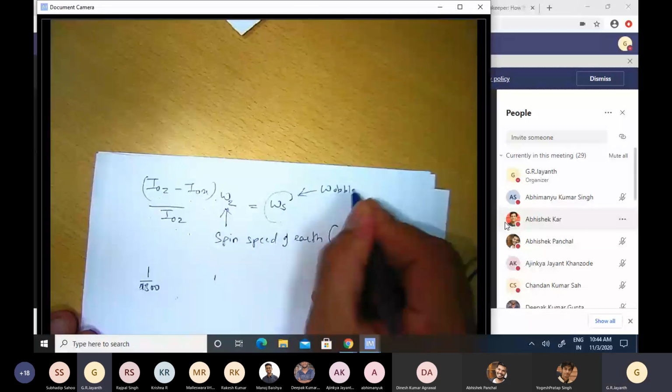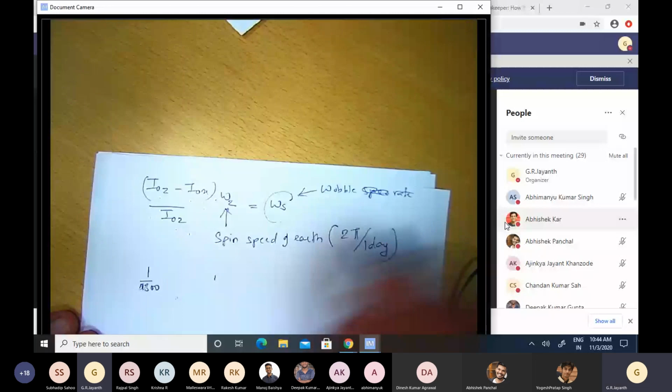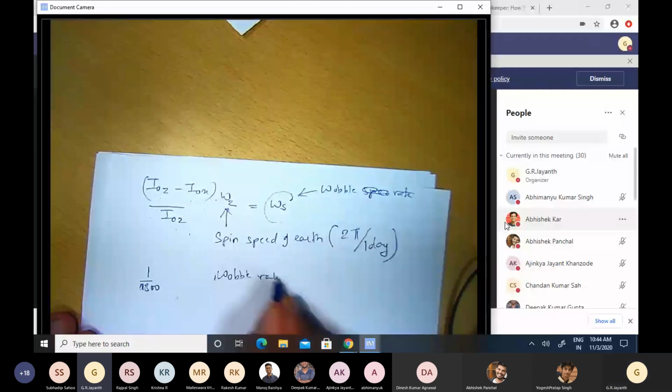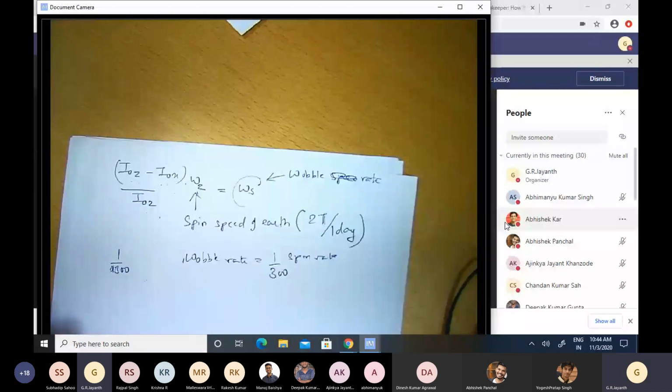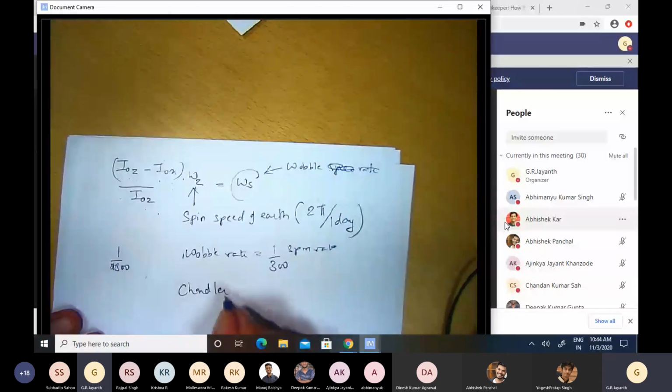So the wobble rate is 1 by 300th of the spin rate. Since the spin rate is one revolution in 1 day, the wobble rate is 1 revolution in 300 days. This wobble is called Chandler wobble, named after the person who studied it.